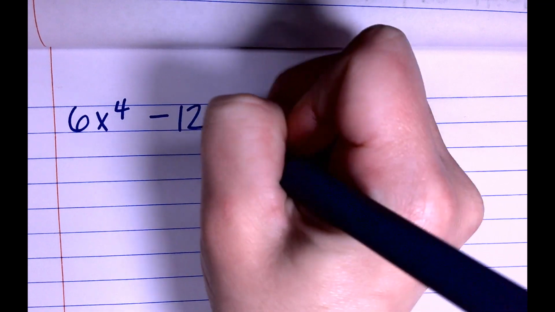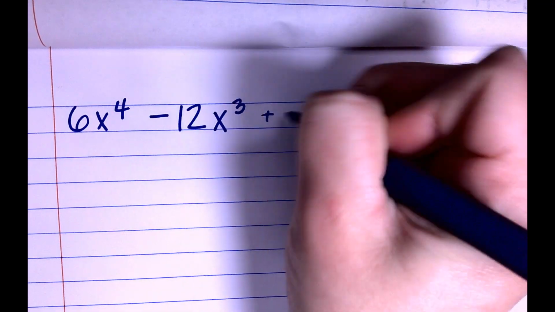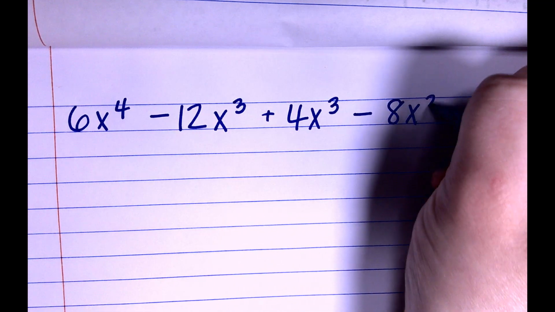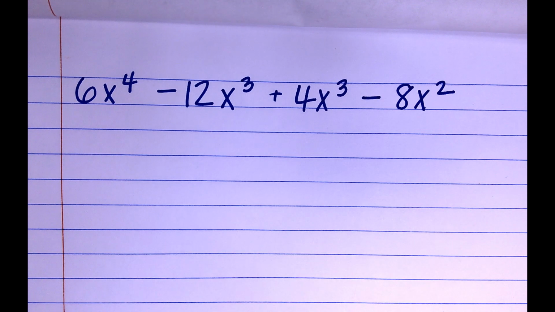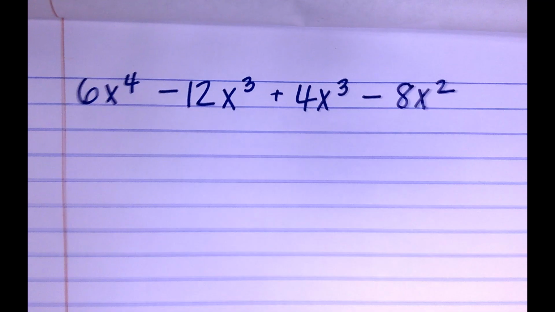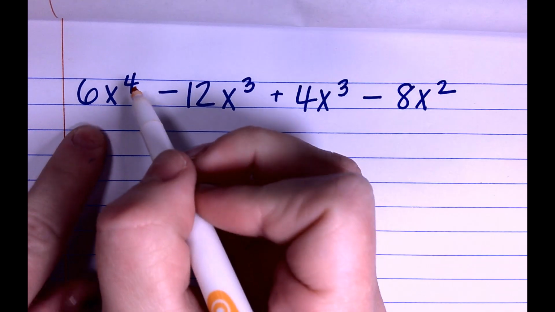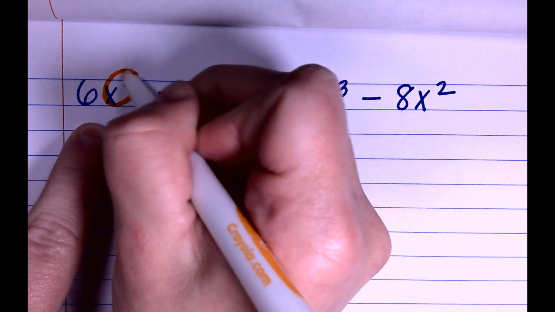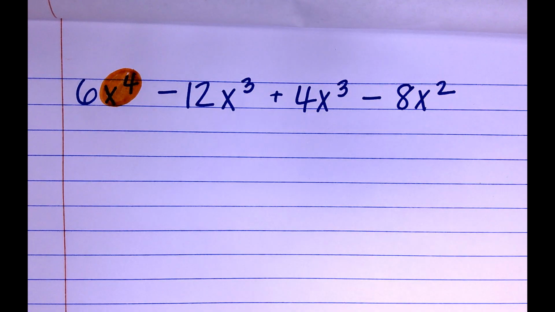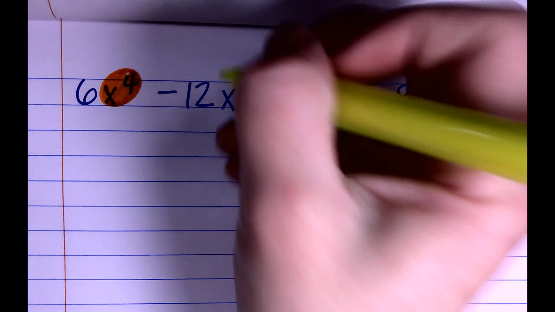So I'm going to write out the answer that we got. We have 6x to the fourth power minus 12x to the third power plus 4x to the third power minus 8x to the second power. Whenever we have all of these different terms with variables and exponents, I'm going to assign each of them a color. So x to the fourth power is going to be orange. X to the third power, let's do yellow.